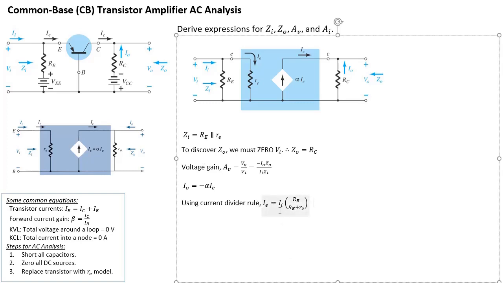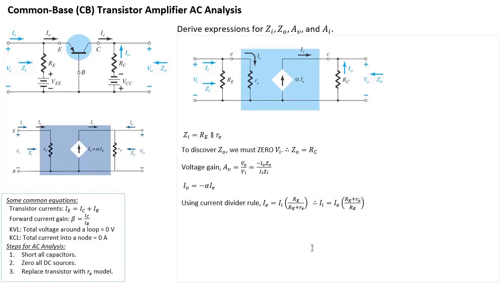Then I'll get an expression for II, which I can then use in the original expression for working out AV. So I can say here, therefore, II is going to be equal to IE multiplied by, at the top, RE plus little re, divided by capital RE. All right, and that's basically what II is.